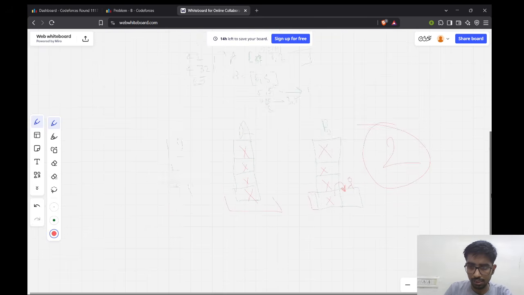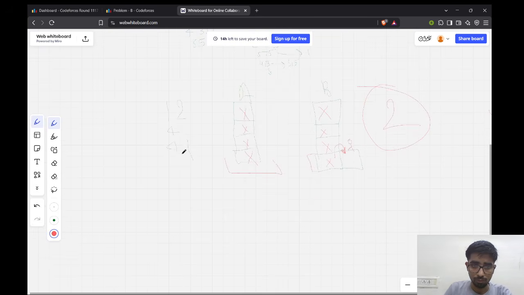If we look at the test cases properly, what we can see is that whenever the player changes the mountain, this many hits have already happened: A i minus A i plus one, plus one.